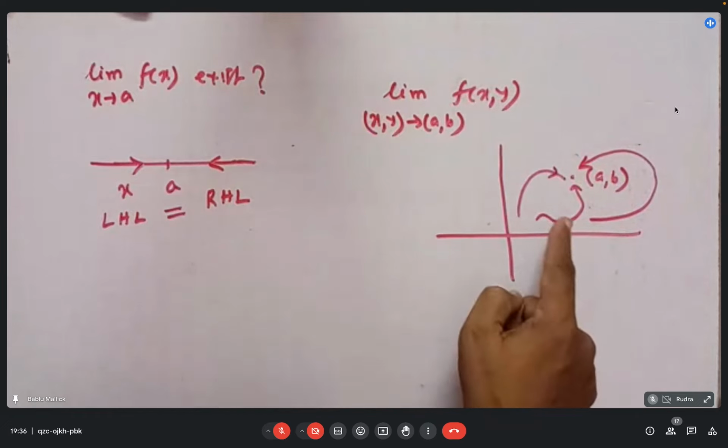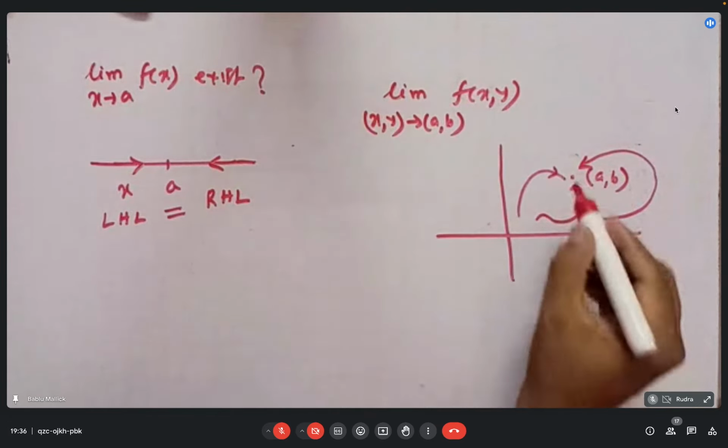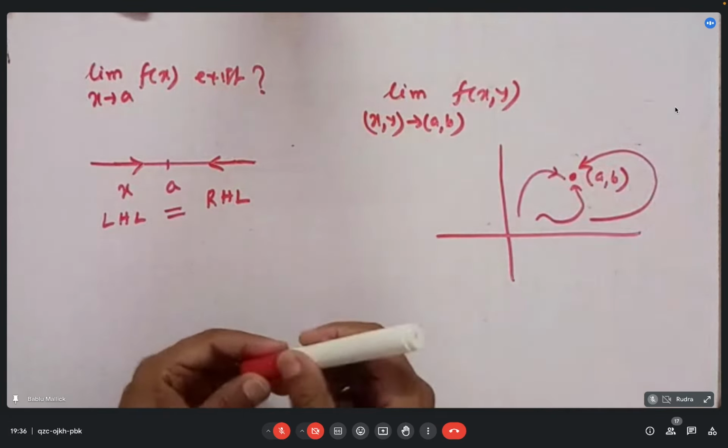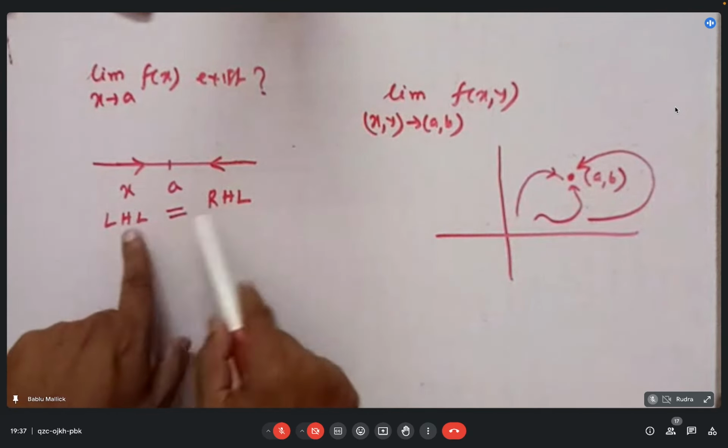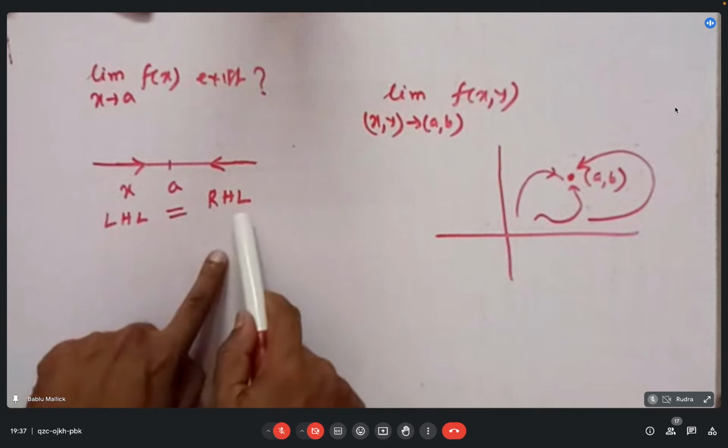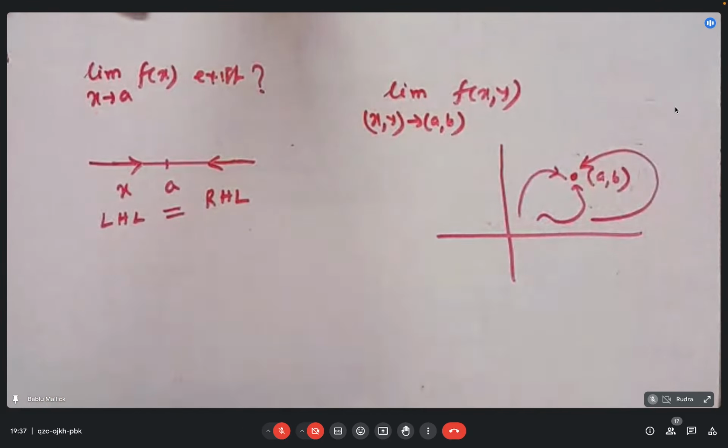So there are infinite number of choices of path, but here only two choices are there, left and right hand, and here infinite number of choices are there. Now for every choice, if limit exists and if all limits are equal, then only we shall say that limit exists.